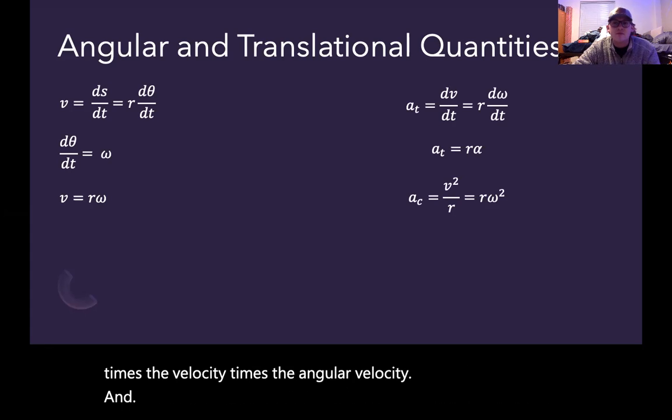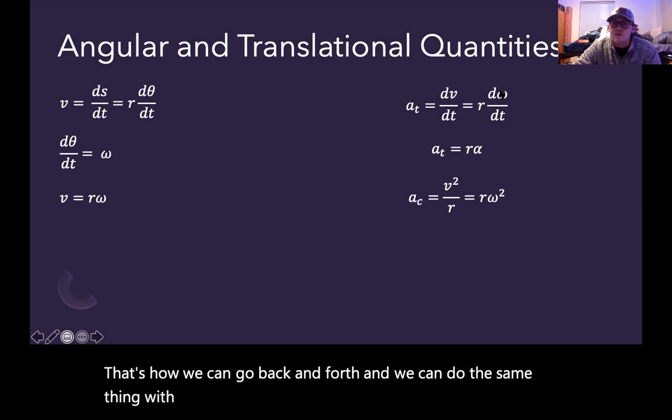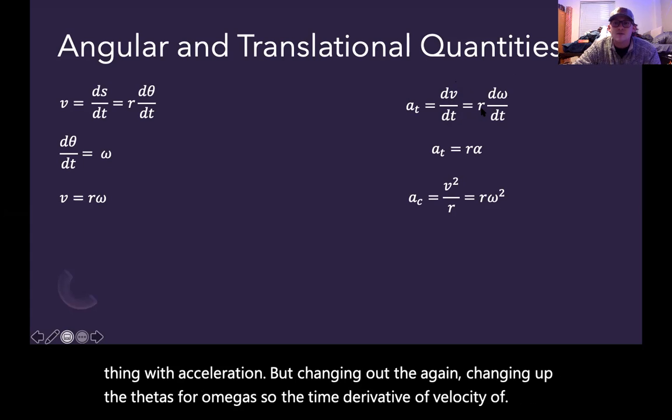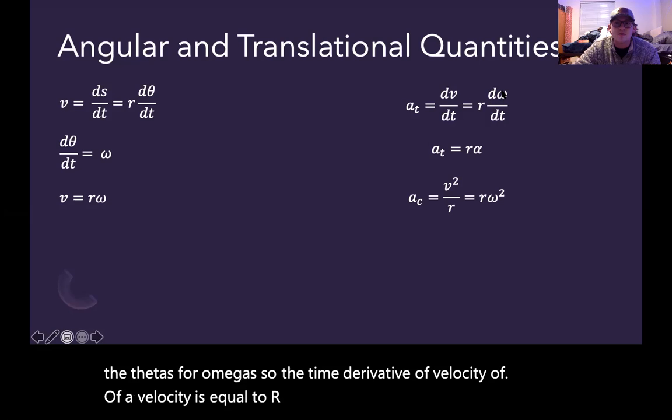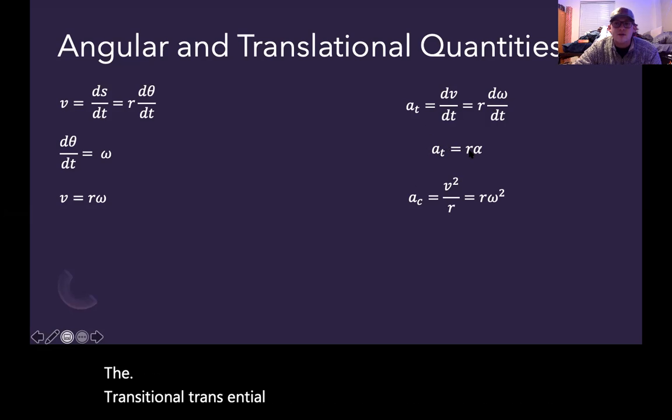That's how we can go back and forth, and we can do the same thing with acceleration. The time derivative of velocity is equal to r times the time derivative of the angular velocity, so the tangential acceleration is just r times the angular acceleration.